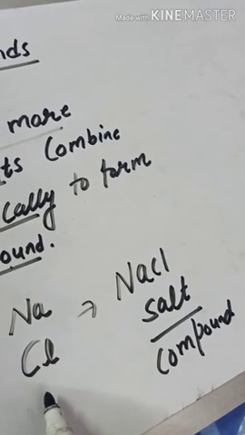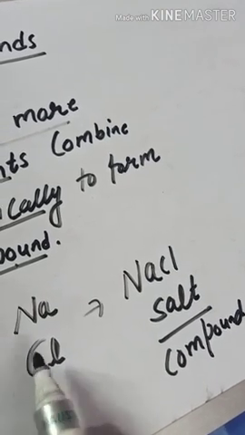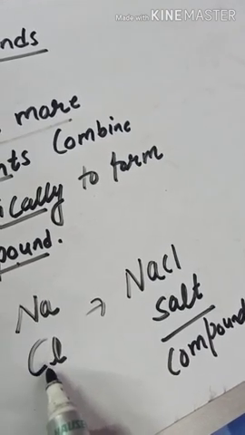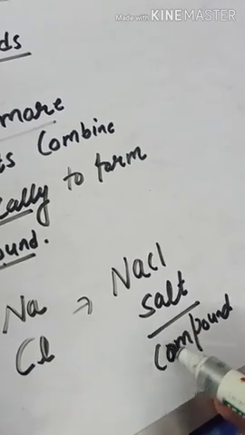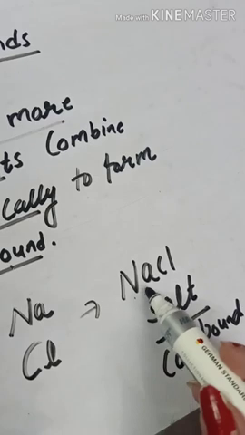Sodium and chlorine both are elements, and when these elements combine together chemically they form salt, and salt is a compound having the formula NaCl.